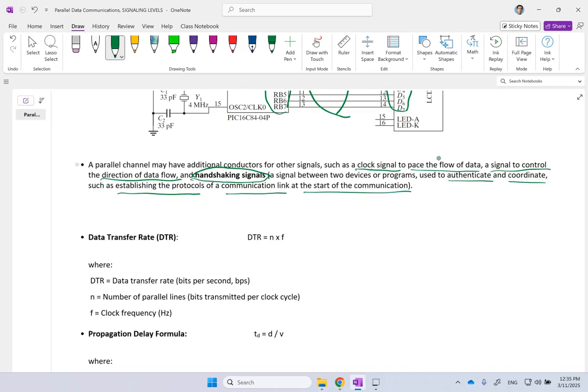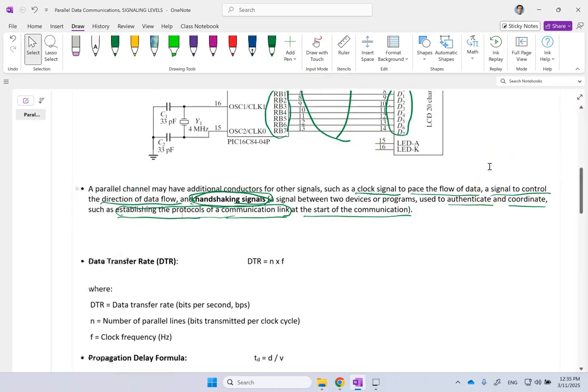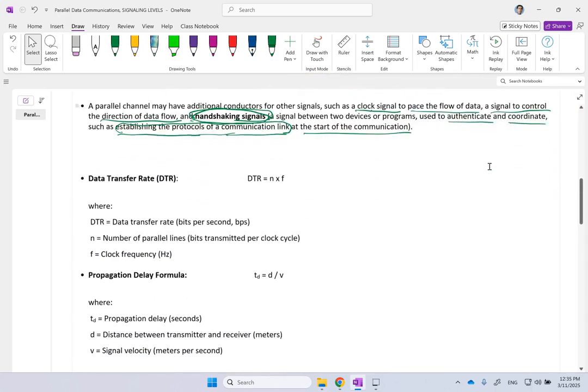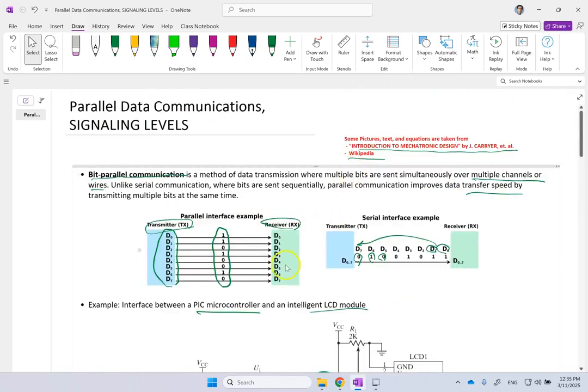At the beginning of their communication, they want to know what kind of protocols they are using, what kind of bits, whether there is a parity bit or not, the number of bits, the speeds, and so on. So before two devices start communicating, sometimes there are some wires called handshaking signals that set up these initial protocols and standards. Otherwise, there will not be a successful communication. So sometimes you have some of those wires too, in addition to just the data bits.